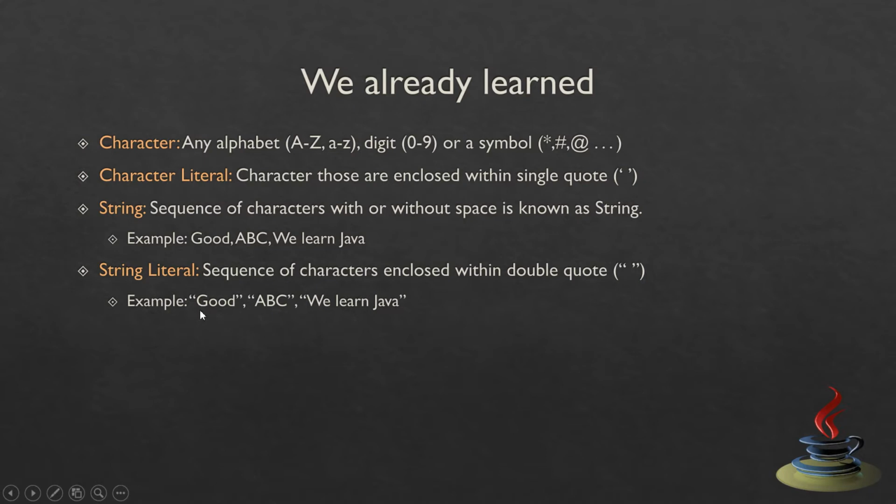Like here, good is enclosed within double quotation marks, ABC is also enclosed, and we learn Java is also within double quotation marks. So these are known as string literals, or string constants. Let's go to my next slide.